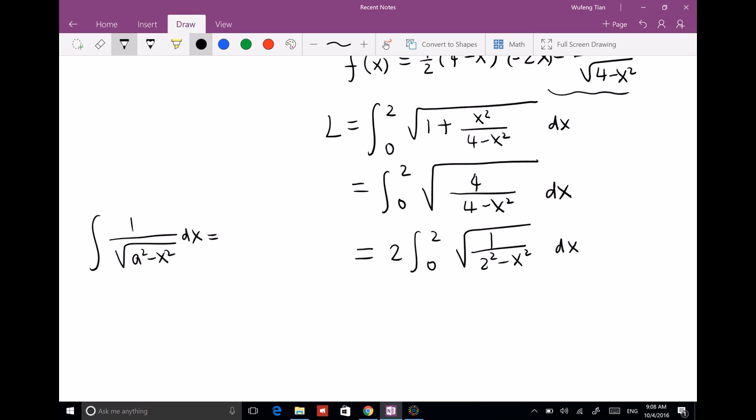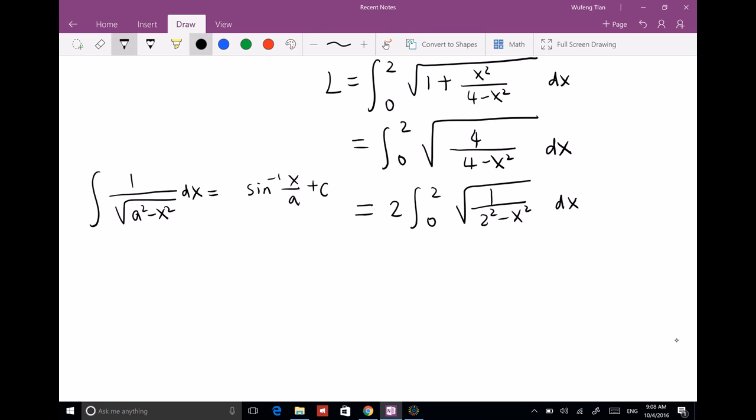When you answer, you have to press the button. Arcsine of x over a. Perfect. Very good. Thank you very much.